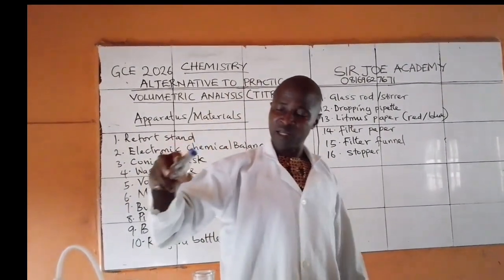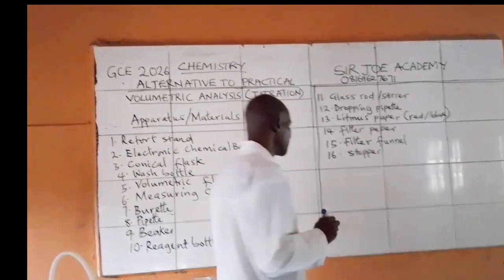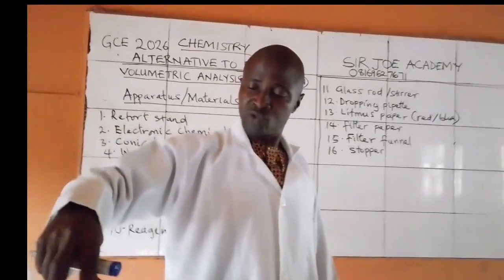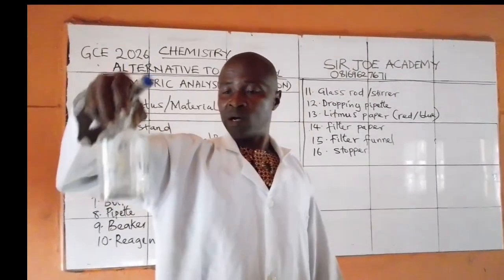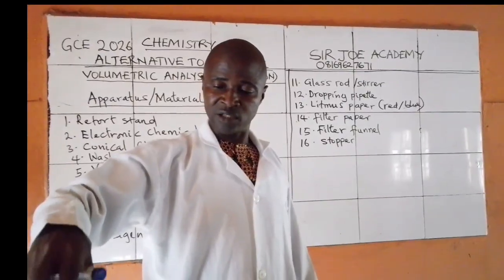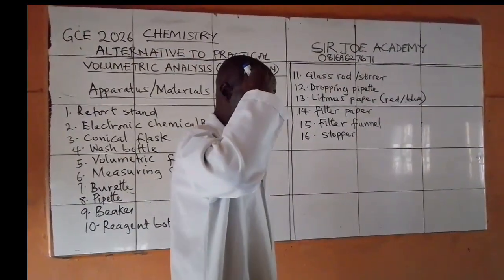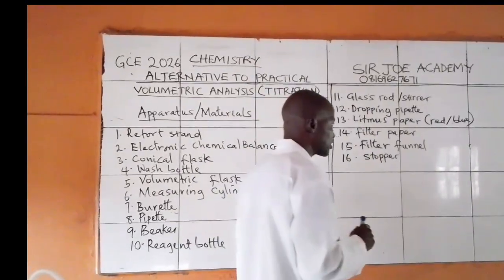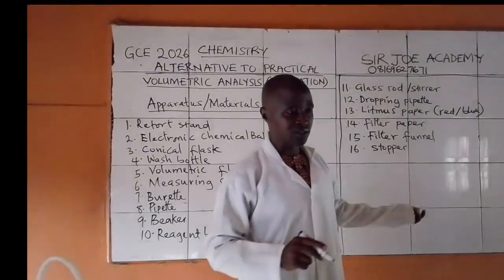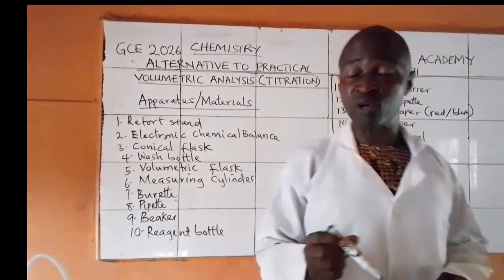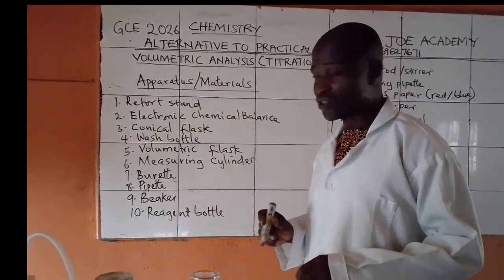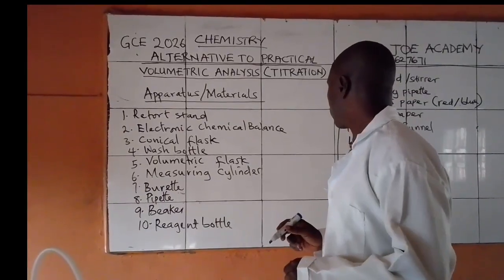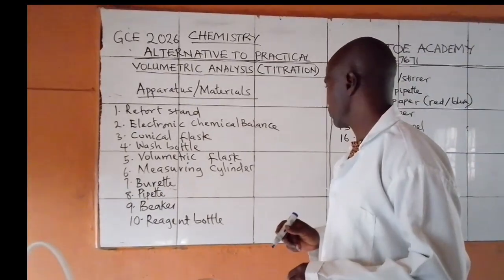Instead of saying cover, it is stopper, which is used to cover the reagent bottle, so that the content of the reagent bottle will be intact. These are some of very important apparatus or materials that are used for volumetric analysis titration.